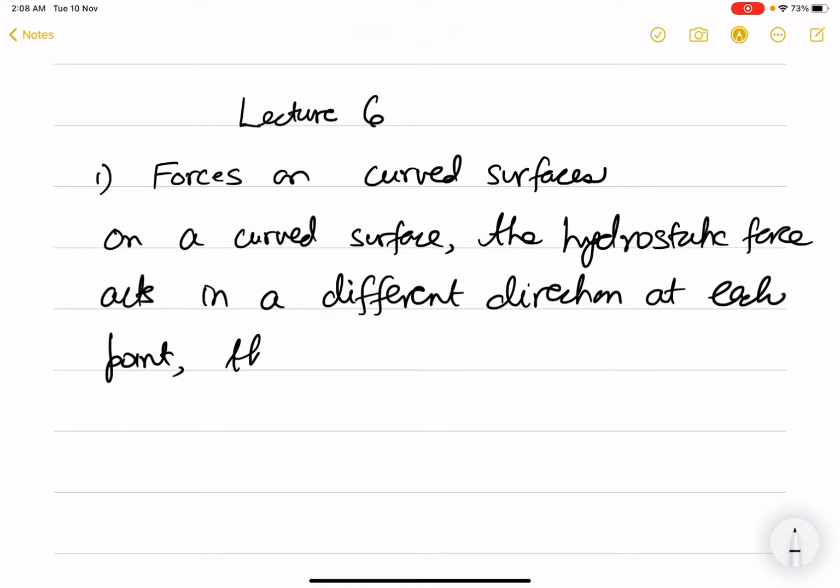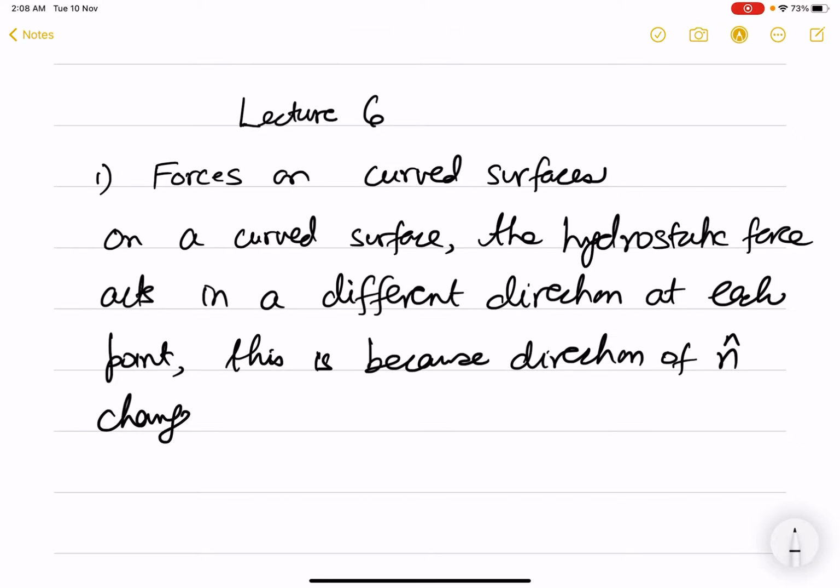And this is because the direction of n changes at each point for a curved surface.